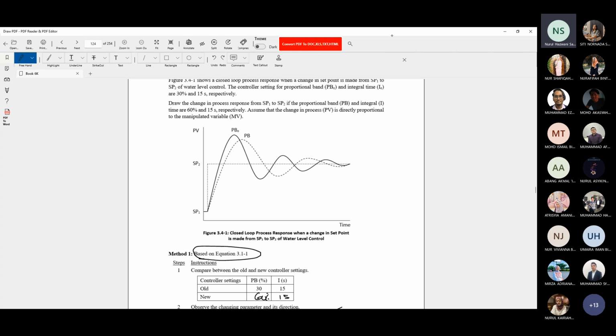The PB response shifts to the right. That is based on the equation. We can evaluate the new process response based on the equation. Boleh faham ke? Boleh.